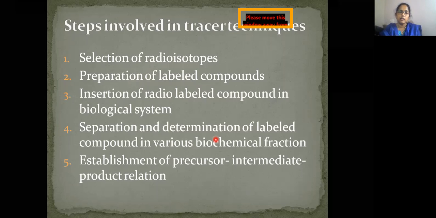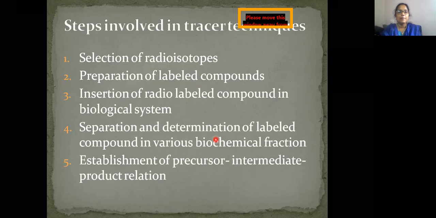As we already discussed, not only the half-life, you should also check the physical and chemical properties of the compound, and it should be involved in the reactions but should not disturb them. It should not cause any damage to the biosynthetic pathway, the biological system, or the reactions taking place.